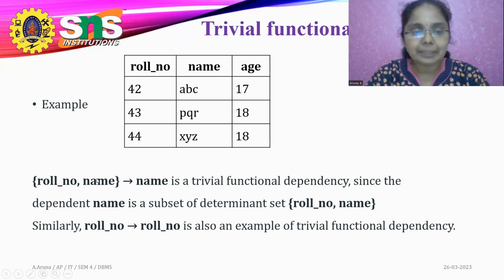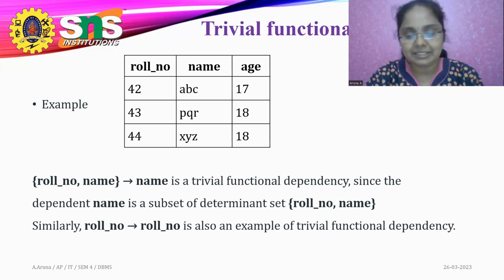Name is a subset of X, so we call this a trivial dependency. Also, roll number can identify roll number, name can identify name, and age can identify age. These are also called trivial functional dependencies.